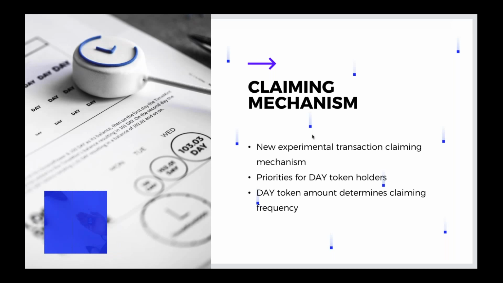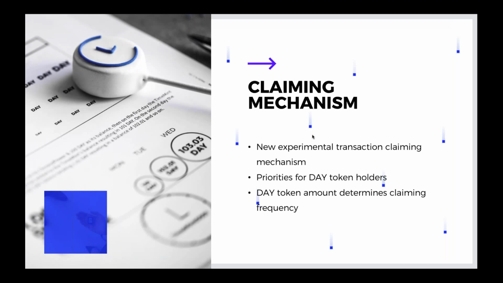But we want to benefit DAY holders by offering some sort of priority mechanism for executing these transactions. If you are a regular time node without DAY tokens, you are still able to execute transactions, but you would have to try to execute them at the exact point when they should be executed. So it is kind of like you're racing with other time nodes to execute these transactions.